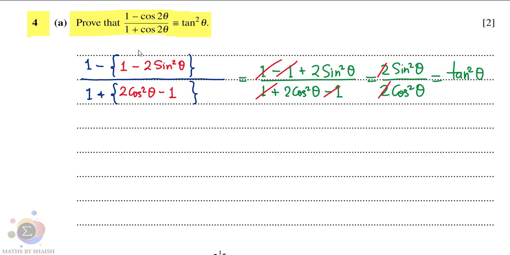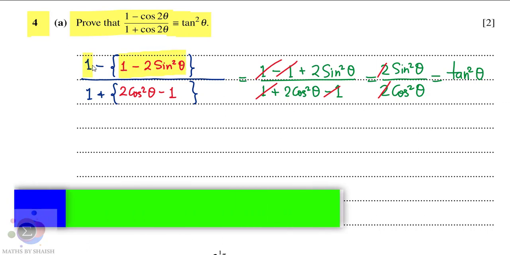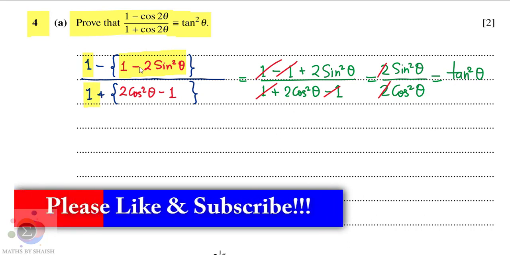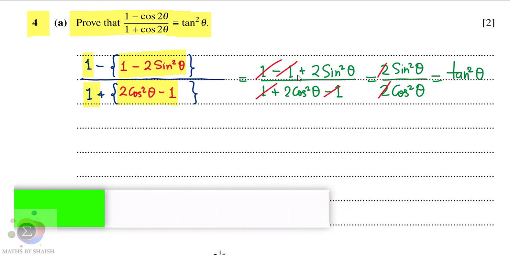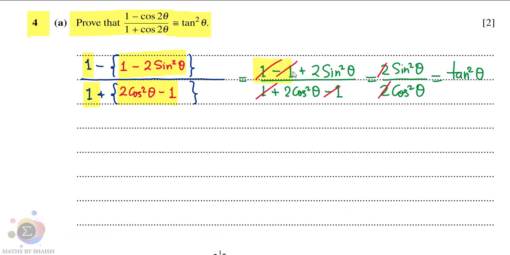So here for cos 2 theta I have used 1 minus 2 sine square theta, 1 minus was already there, and then for 1 plus cos 2 theta, the next identity I have used is 2 cos square theta minus 1. So when we open, we'll get these two cancel and these 1 minus 1 got cancelled. So we got 2 sine square theta upon 2 cos square theta, 2 cancel, and we got tan square theta. That's the easiest way to solve this.